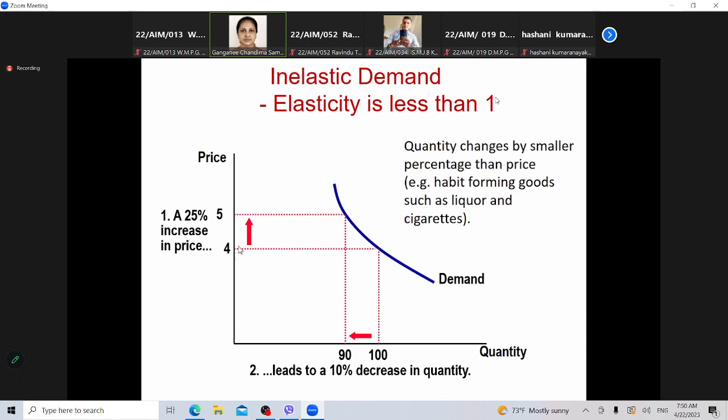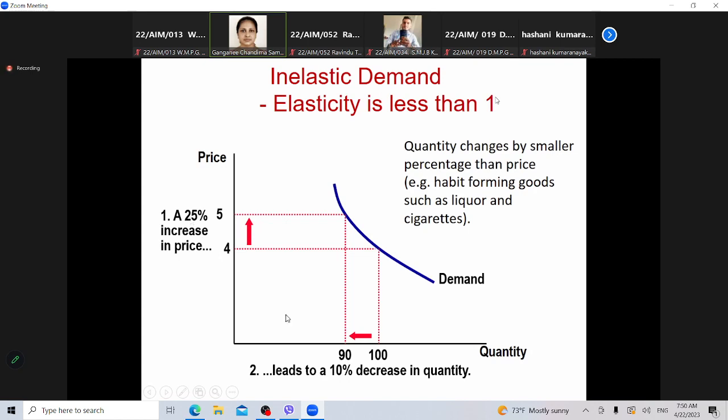You can see 25 here, 10 here. So the price change is more than the quantity demanded change. For the price change, you can write the equation here: if 1 rupee is changing from 4, then 100 divided by 4 means 25.